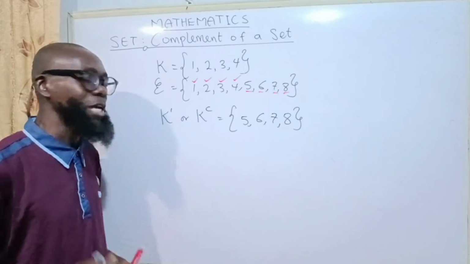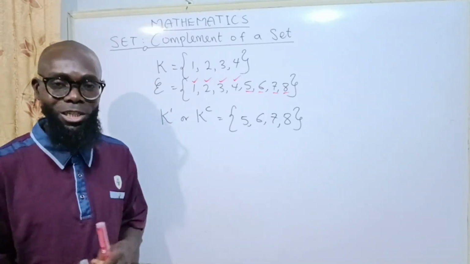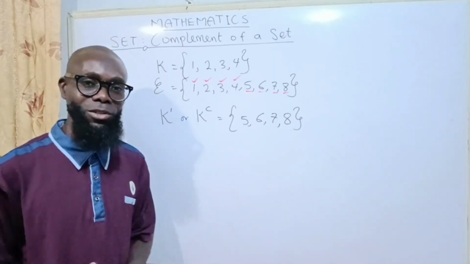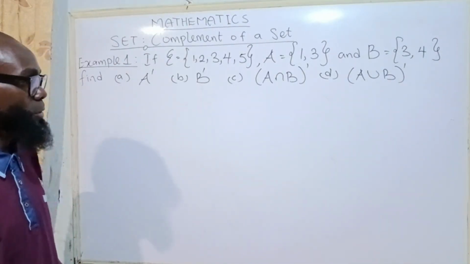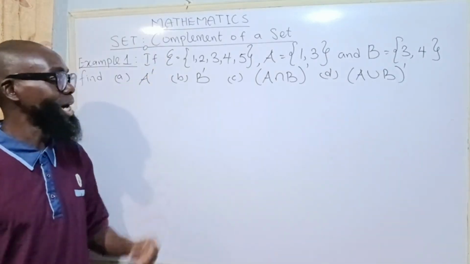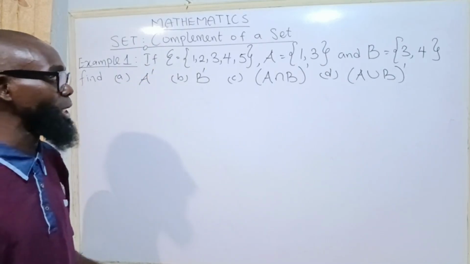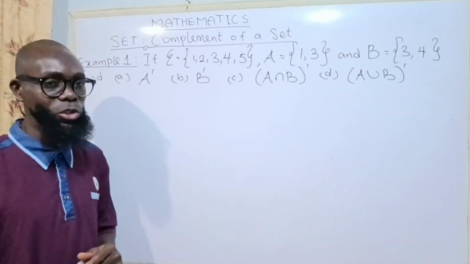We're going to look at more examples to buttress our explanation. So let's move on. Example 1. The universal set is given as 1, 2, 3, 4, 5. Set A is given, and set B is given.